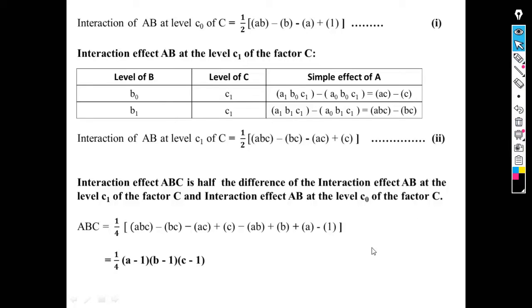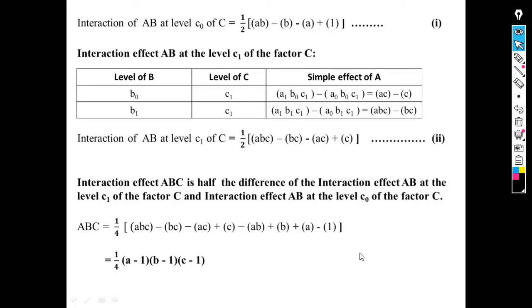So in this way, we discussed the main effects and interaction effects in a 2^3 factorial experiment. Main effect A is 1 by 4 (A minus 1)(B plus 1)(C plus 1). Main effect B is 1 by 4 (A plus 1)(B minus 1)(C plus 1). Main effect C is 1 by 4 (A plus 1)(B plus 1)(C minus 1).